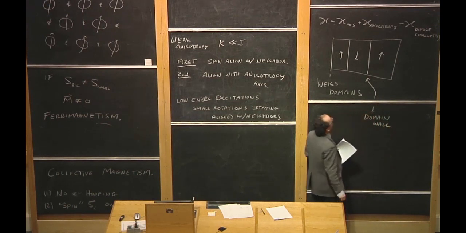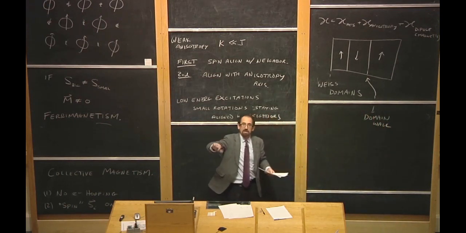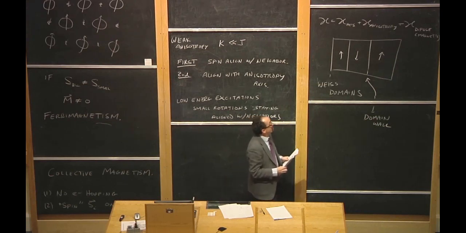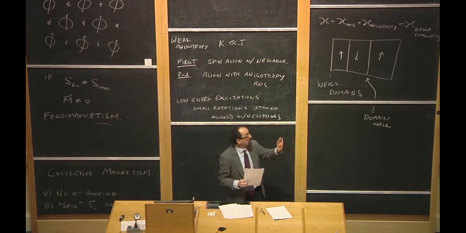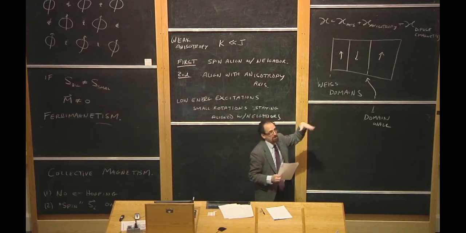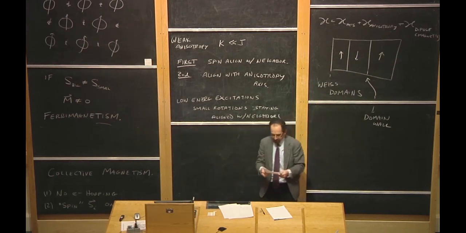There's some Heisenberg energy to have upspins next to downspins on the domain wall, but you sacrifice that Heisenberg energy in order to save magnetic, or dipolar, energy for the whole system as a whole.